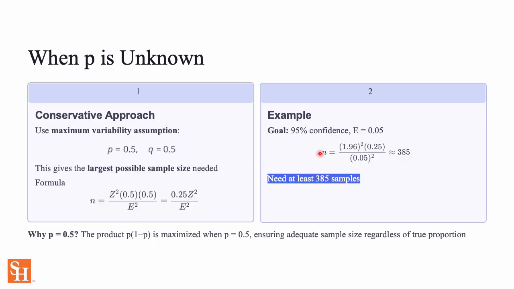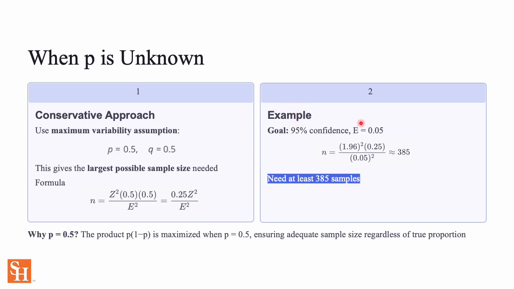Then for the desired margin of error, say our margin of error is 0.05, and usually we calculate the sample size using a 95% confidence interval, or you can also use any other confidence level, like 99%, that's also fine, but the usual case is 95%.